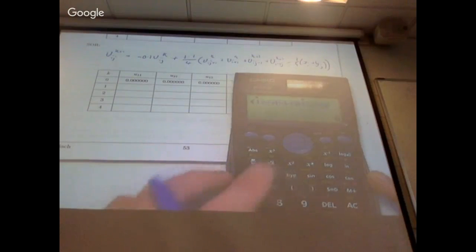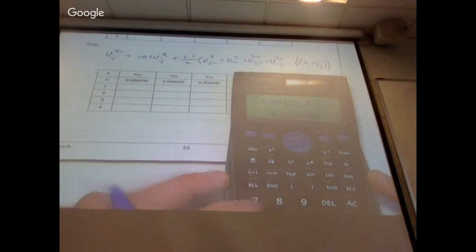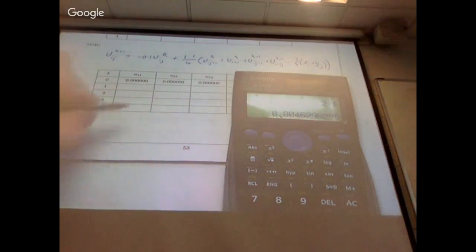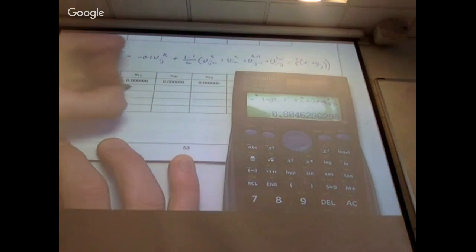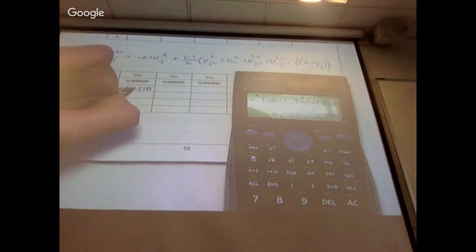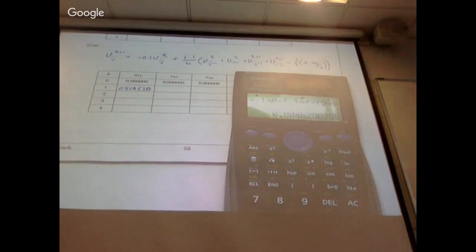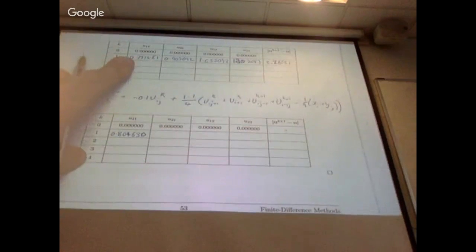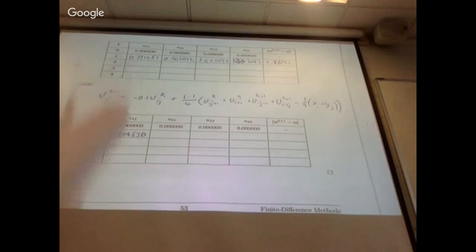It's very similar to the earlier calculations. So in this one, we get 0.804630, rounded to 6 decimal places. Notice with the Gauss-Seidel, our first value is 0.73, so immediately we've got a different one.